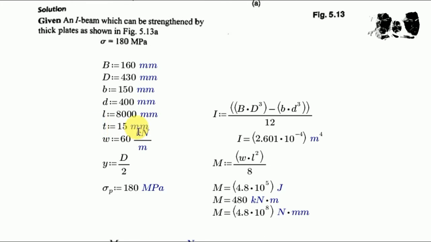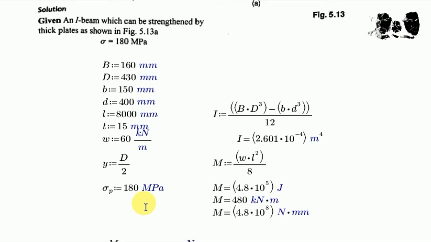T is the thickness of the flange, small w is the UDL, the uniformly distributed load applied on the beam, and y is the distance of the neutral axis from the top or bottom flange, and sigma p is the permissible stress, which is 180.